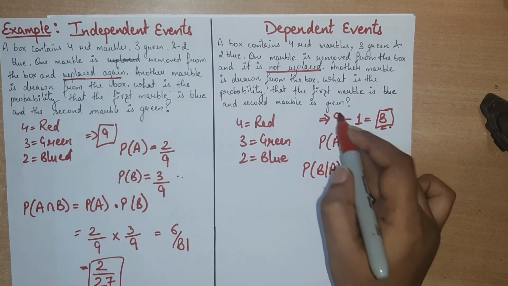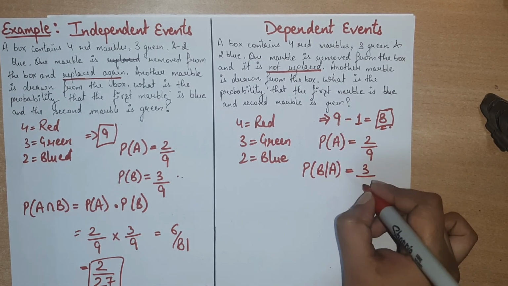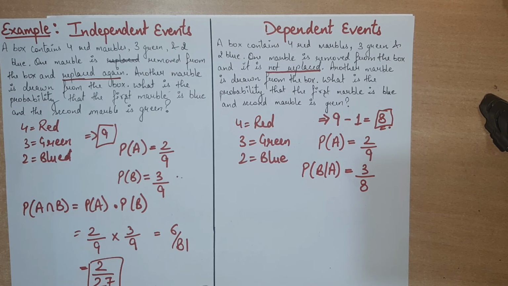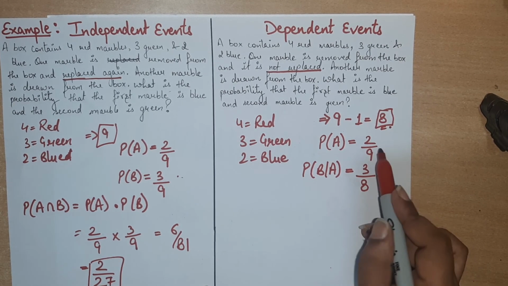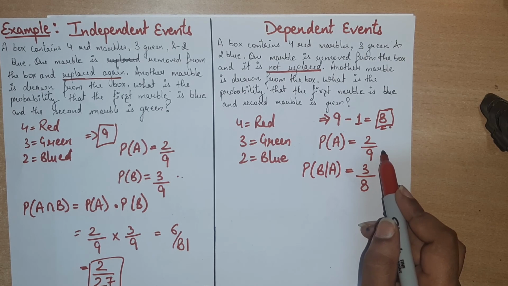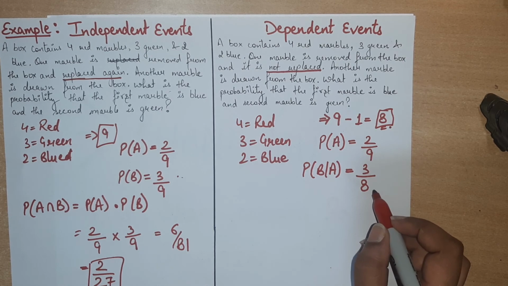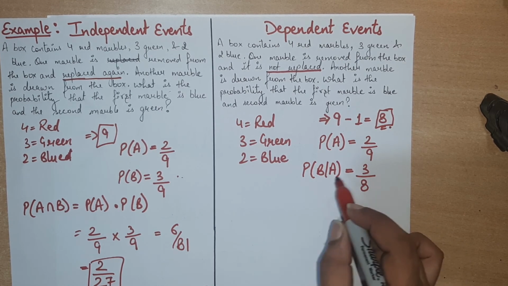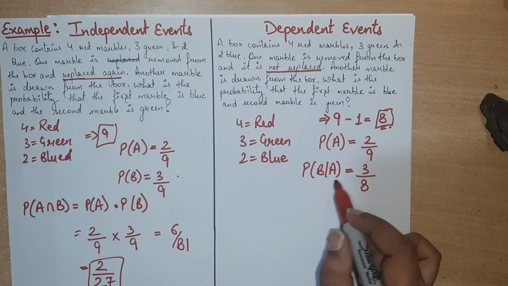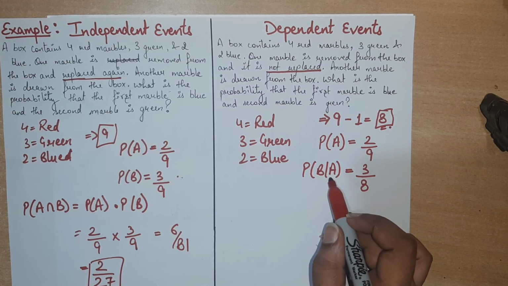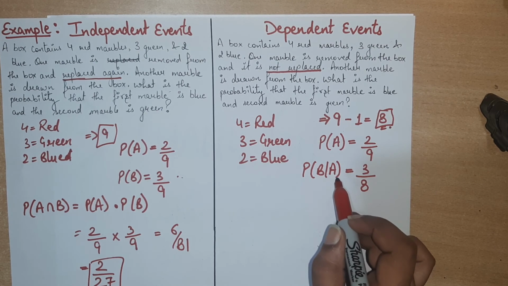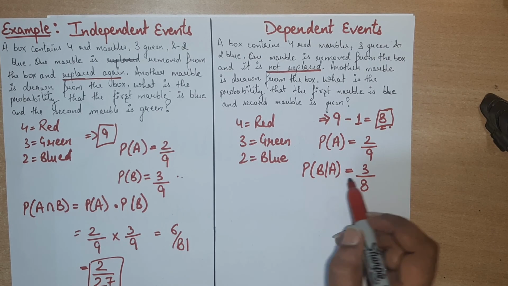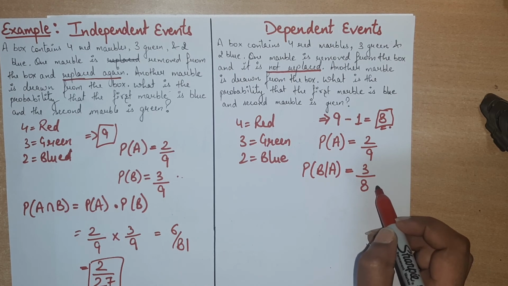So for it to be green, it would be 3 by 8. As the first marble was removed in event 1 and not replaced, the total marbles we have now is 8. So the probability of B given A, that is the probability of the marble being green when the blue marble has been removed, is 3 by 8.